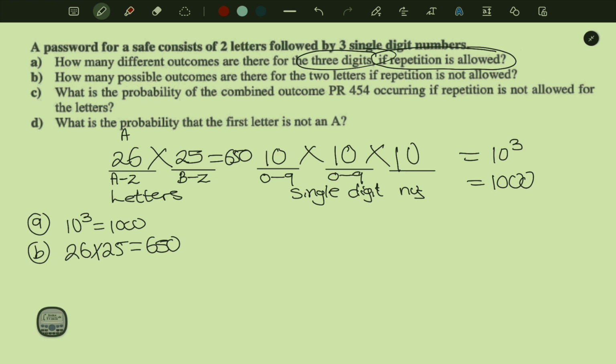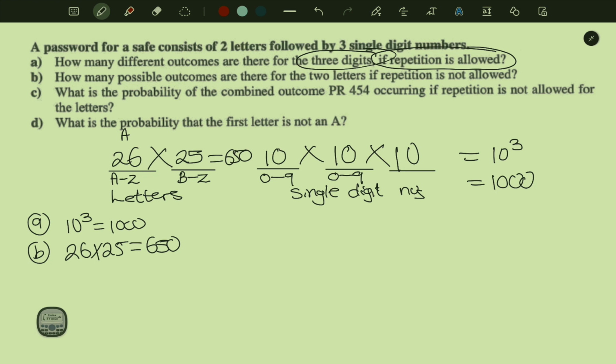So let's look at question C. Question C states: what is the probability of the combined outcome PR454 occurring if repetition is not allowed for the letters? So now repetition is not allowed, and we want the probability of the combined outcome PR454.